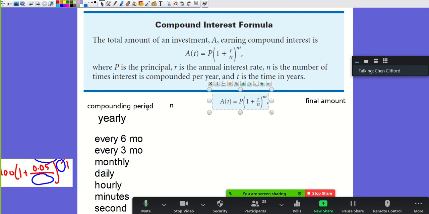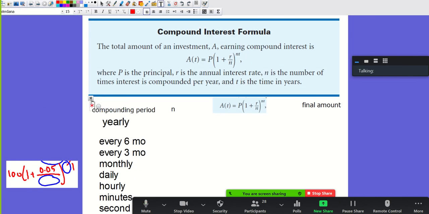And we're using, let me write it down like this: invest $1 for 1 year at 100% interest rate.